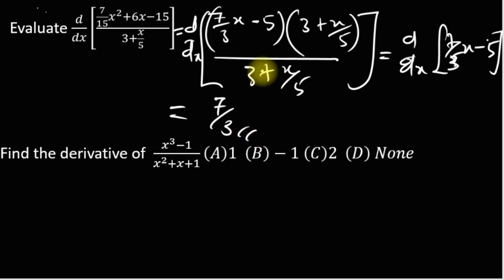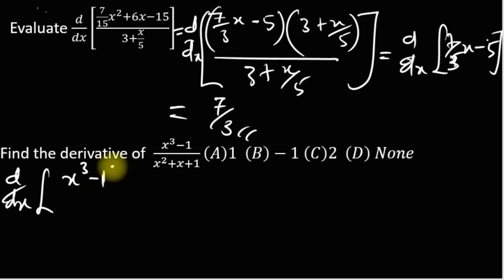So it's very simple. Whenever you are given this, try to know whether you can factorize and reduce before you do the normal derivative. So this one, we are asked to find the derivative of this. That's derivative of x cubed minus 1.